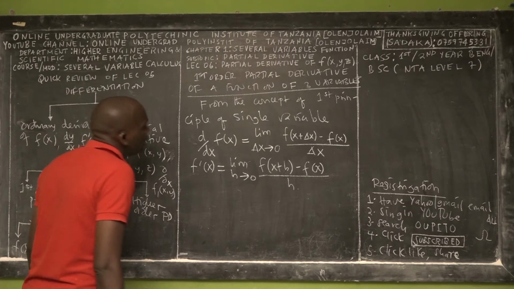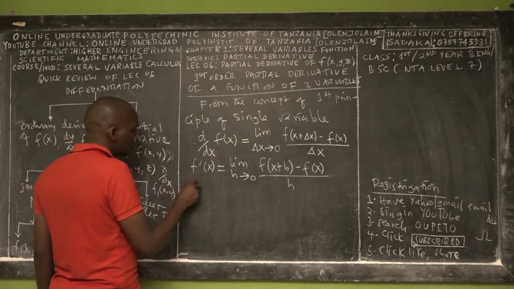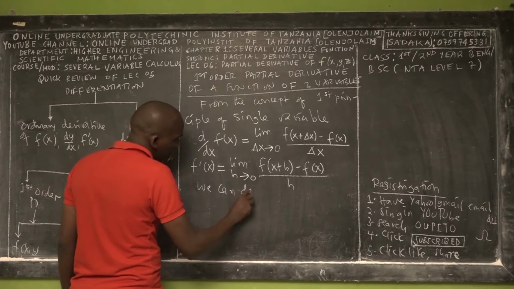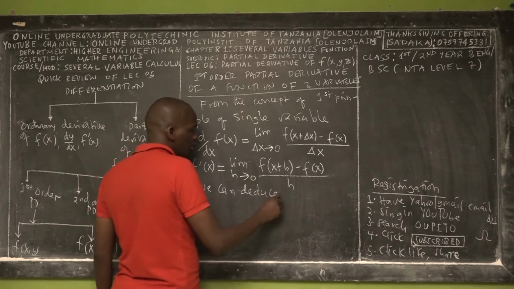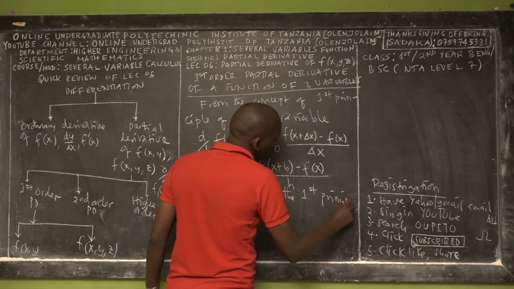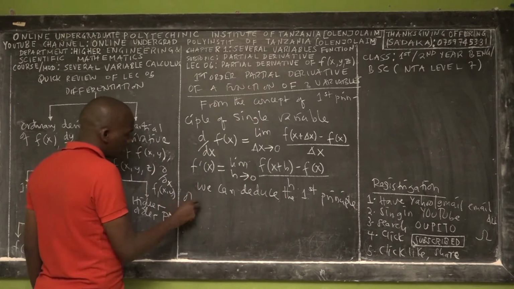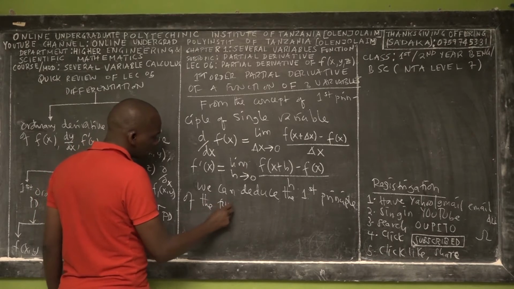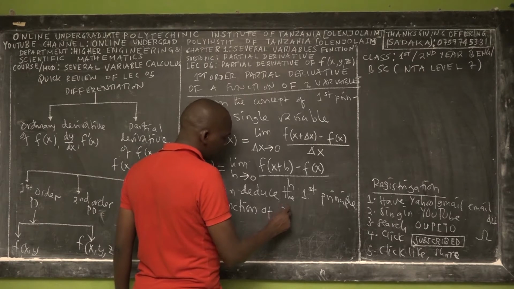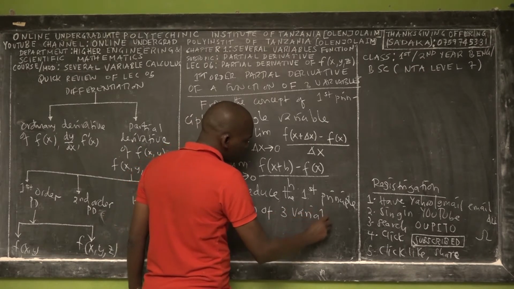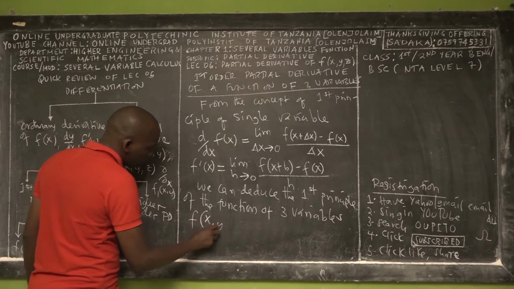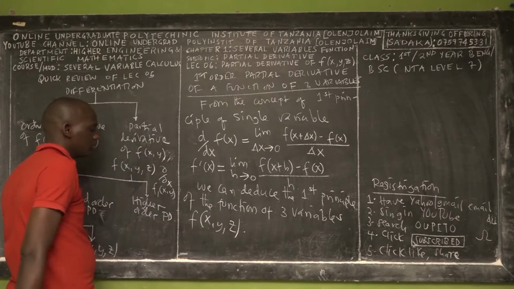From this concept, we can deduce the first principle of a function of three variables, for instance f of x, comma y, comma z.